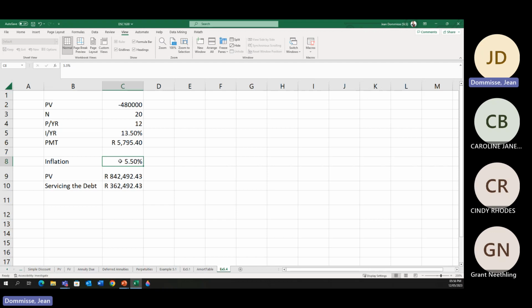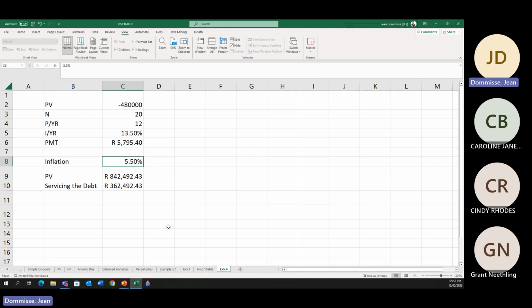So that is why we needed to first work out a new present value because of that inflation rate. If there wasn't an inflation rate, it would have basically been that times 240, and that would have been your present value that you then would have subtracted your original amount from.